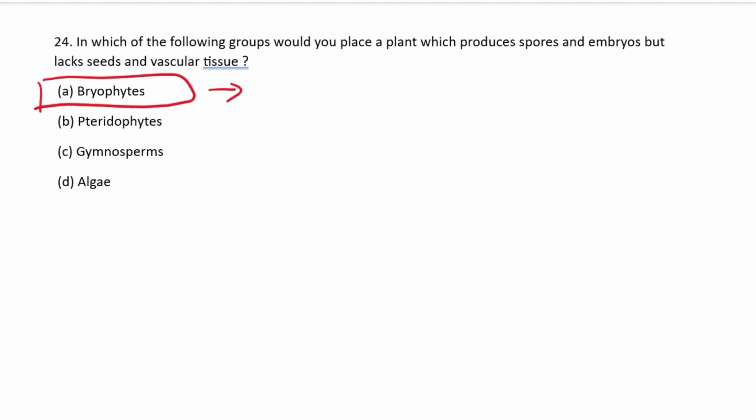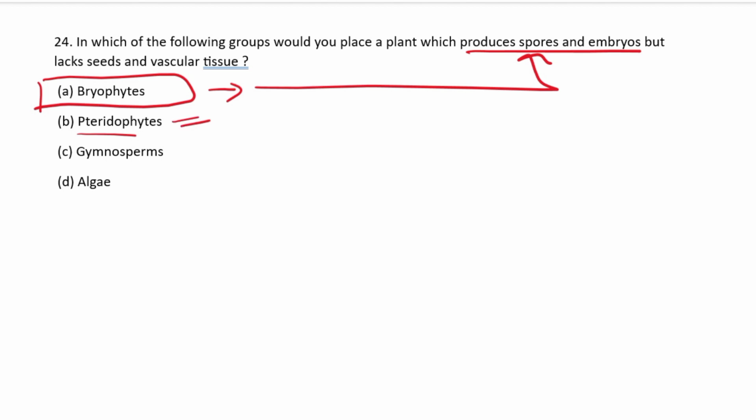As we all know, bryophytes lack vascular tissues and reproduce through spores and embryos, whereas pteridophytes reproduce by means of spores, but they are vascular plants. That means what has been asked here is which lacks vascular tissue, but pteridophytes have vascular tissue.